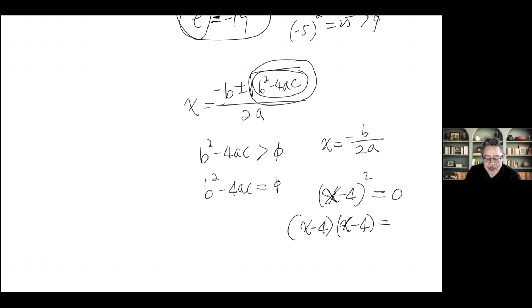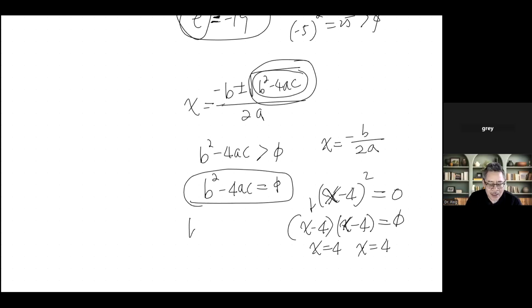So either x equals 4 for the first one, or x equals 4 for the second one. That means we have two exactly the same numbers as a solution. So that's called a double zero. And when b squared minus 4ac is less than 0.